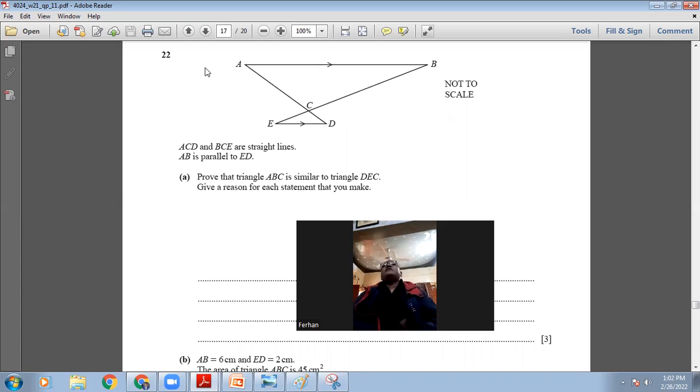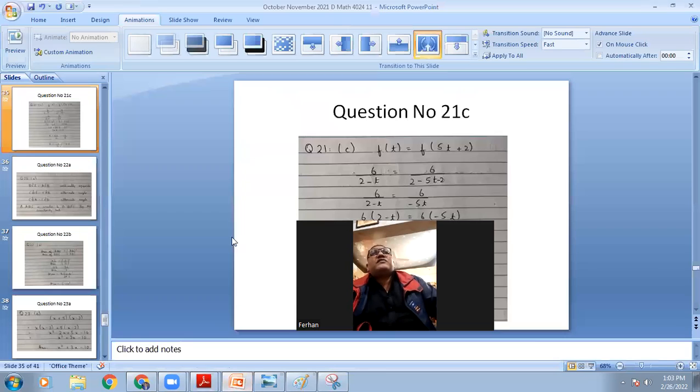So when you have proven that in these two triangles the angles are equal to each other, you can say that the triangle ABC will be similar to the triangle DEC, and the reason will be the angle similarity test. It's a 3-mark question. Let me show you how we have done this.